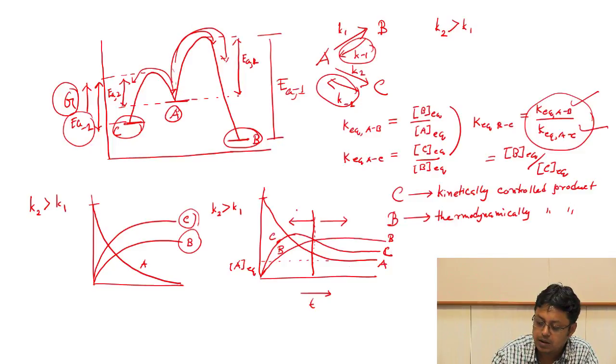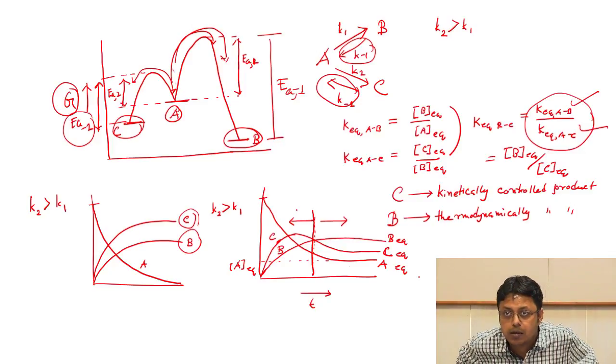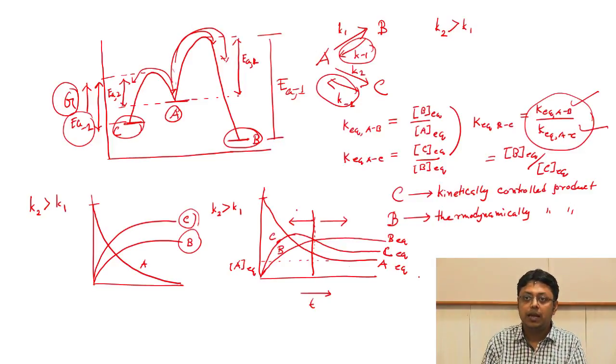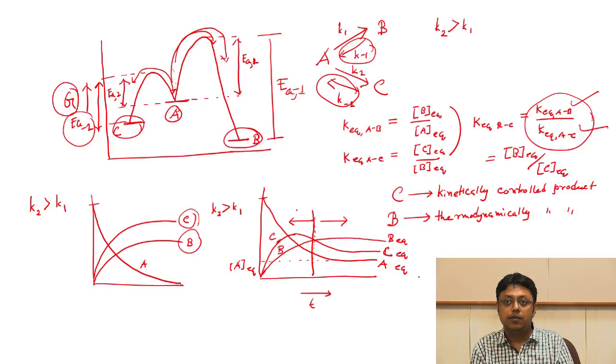This is where everything has reached equilibrium at a very long time, or you could achieve it in a much quicker time by increasing the temperature, by allowing all the reverse reactions to happen. And then you can look at the rates and easily figure out that the B to A back conversion is very difficult.